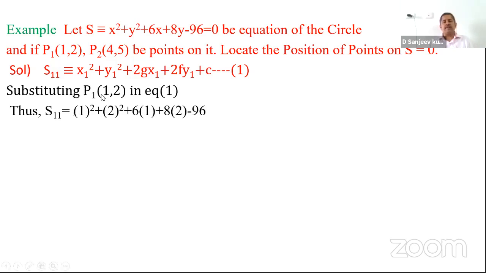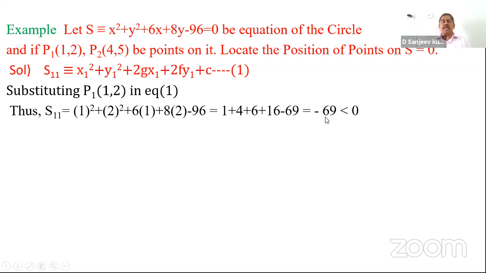The value of x is 1, the value of y is 2, g value is 6, f value is 8, and c value is minus 96. So 1 square is 1, 2 square is 4, 6 into 1 is 6, 8 into 2 is 16, and minus 96. When you simplify this, it is going to be minus 69.